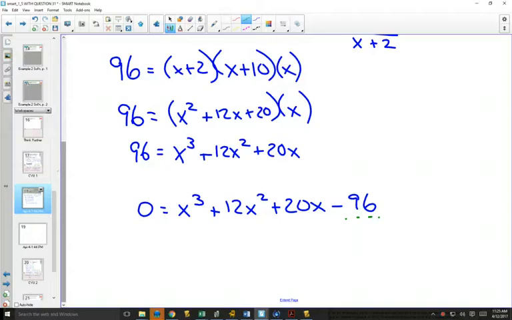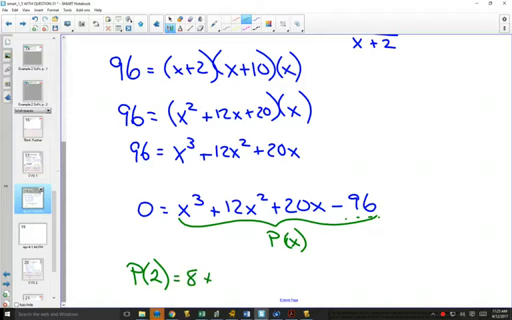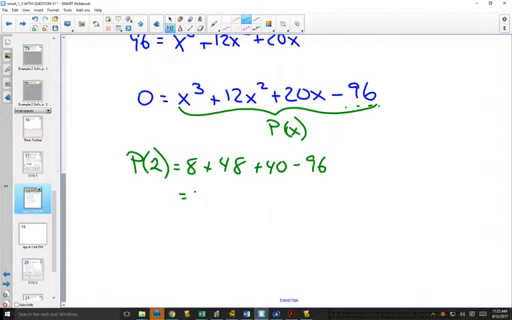So if we call this P of x, then plugging in 2, sure enough, gives us 8 plus 48 plus 40 minus 96 is equal to 0.